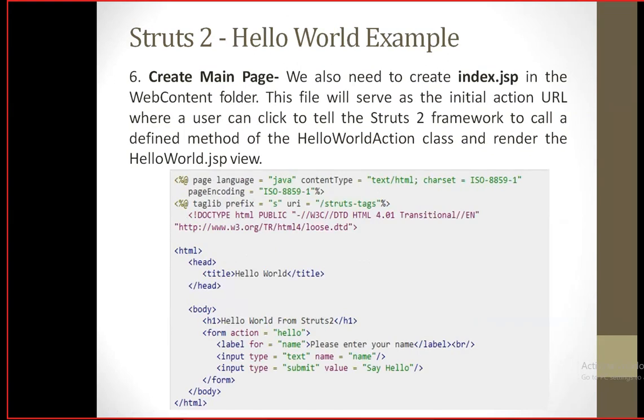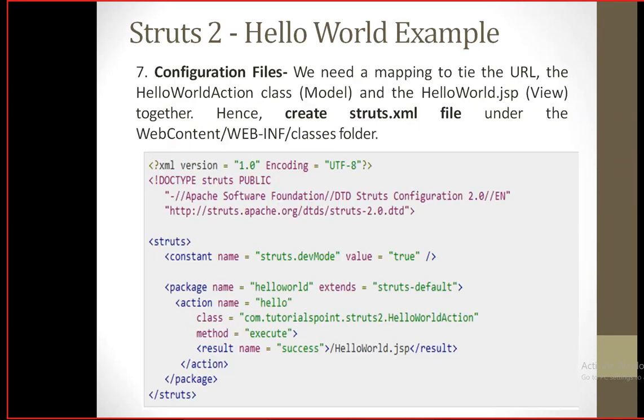Understood? So the number of action classes we will have in our Struts web application, those many action tags will come inside the struts.xml file. Remember this. Okay. Now talking about this particular action, that is hello action, which class is representing that action? So we'll have to define the entire package name, sub package name, and then the class name.